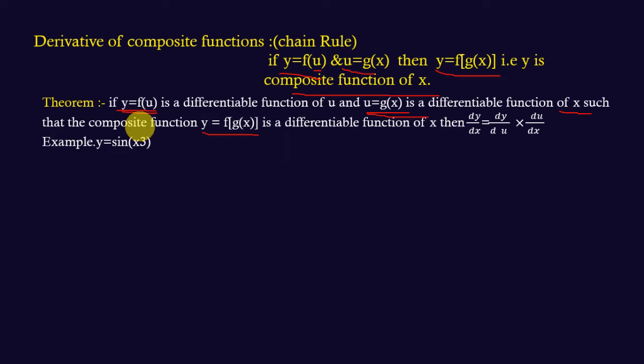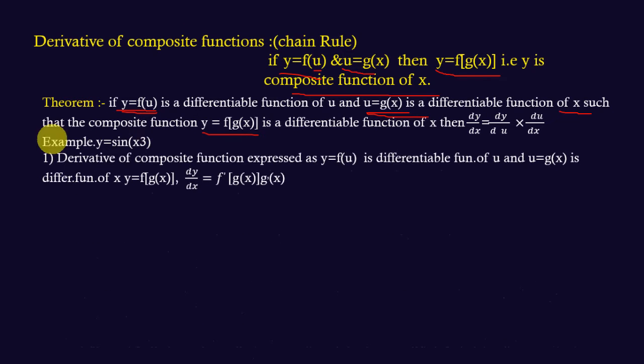Related to this, the first one: if the derivative of composite function is expressed as y is equal to f of u and this u is a differentiable function of x, then finally y is a function of x, that is y is equal to f of g of x.